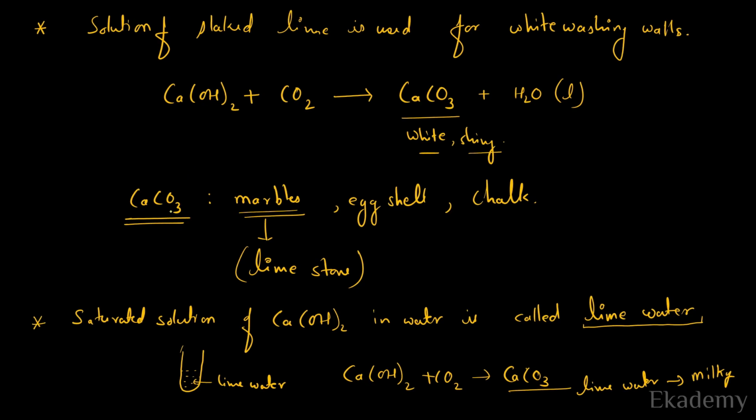And if you continue passing carbon dioxide for a few more minutes, then what will happen? With excess carbon dioxide, this milkiness disappears because calcium carbonate reacts with carbon dioxide and water and forms calcium hydrogen carbonate.